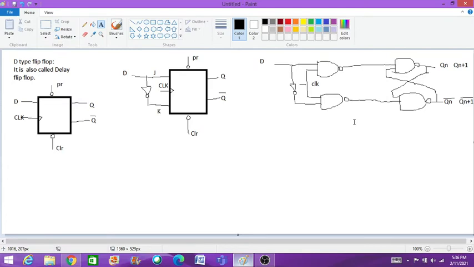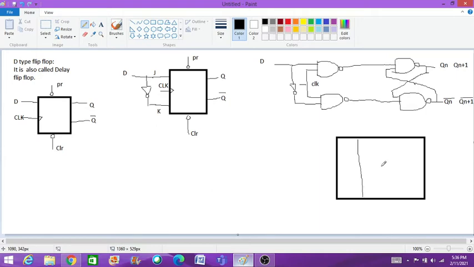Now how does the circuit work and how is it used as a delay circuit? Here we make a table side by side to learn about the working of the circuit. So here we are taking the input first.